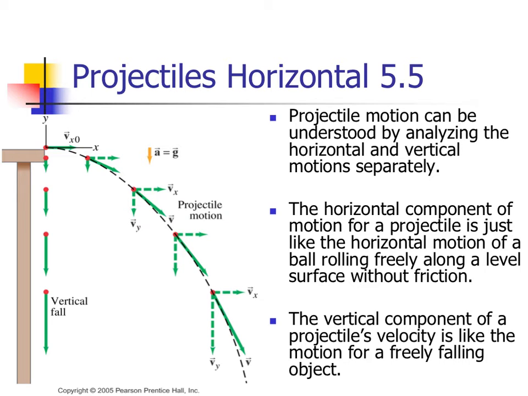If we know the height of the table, we will be able to solve for the vertical velocity as it goes down. And then take those 2 points and combine them using vectors and triangles to solve for the hypotenuse, so to speak.